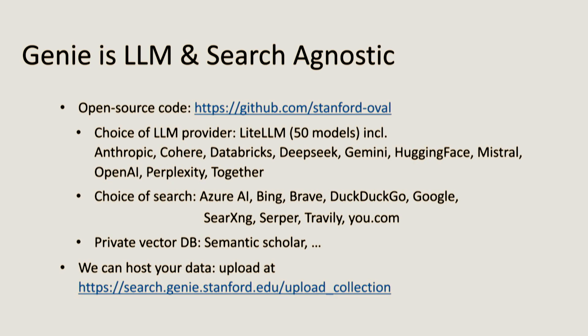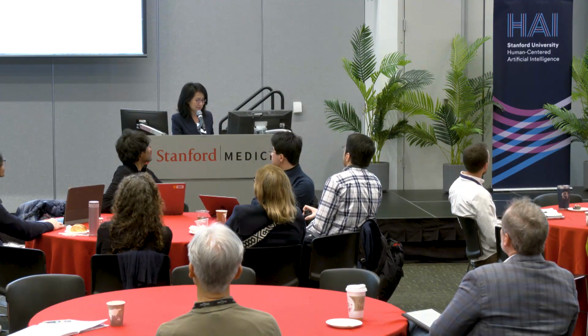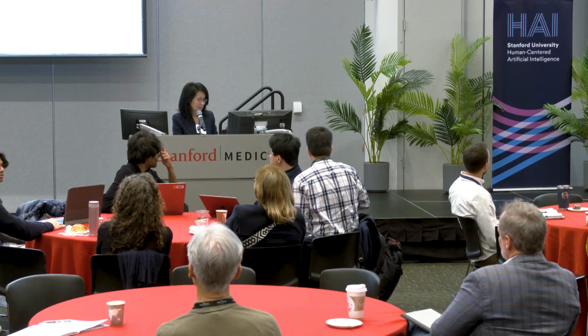And you can also create your own vector search, vector database. For example, we have done it for Semantic Scholar. It turns out that this is one of the cheapest ways to get search done, because it is now running on your own computer and on your own servers. There are people who came to us and asked, could you host our data?